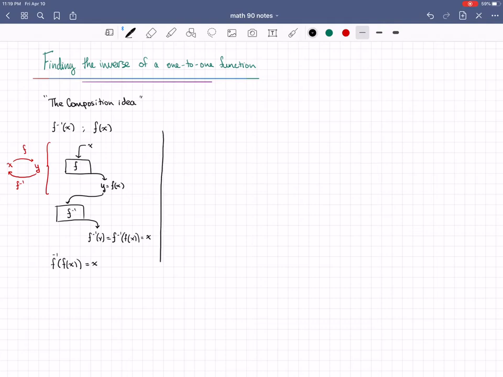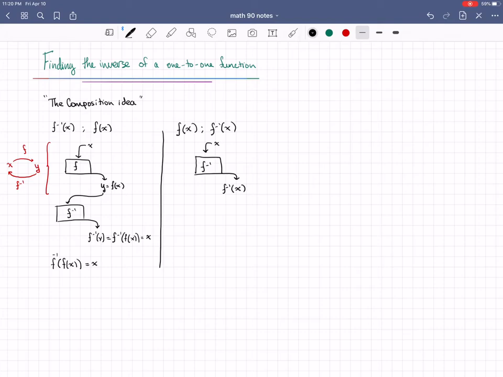One thing that you might have experienced and gotten used to with composition is that you don't get the same thing when you compose in different directions. So let's see what happens here. This is going to feel a little uncomfortable at first because we haven't thought about it in this direction. But I think as soon as we talk about it, you'll realize that this is, of course, how it should be. So let's say that instead of passing through f first, x passes through f inverse first.